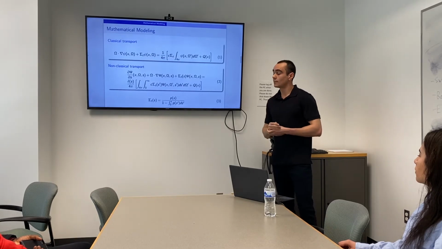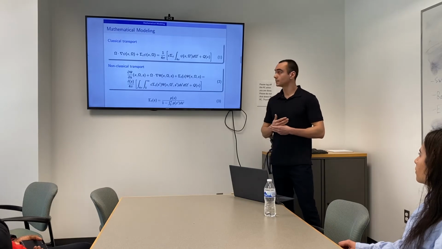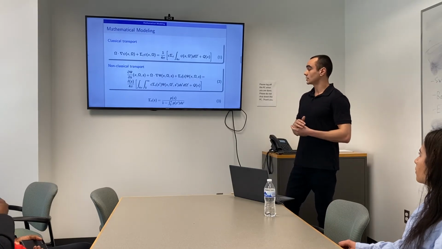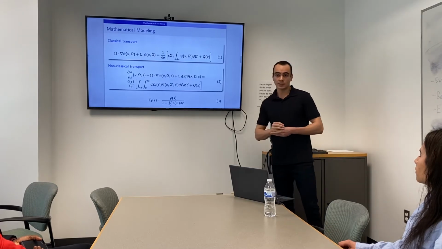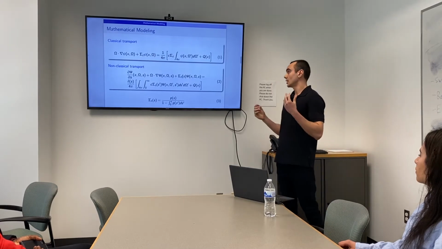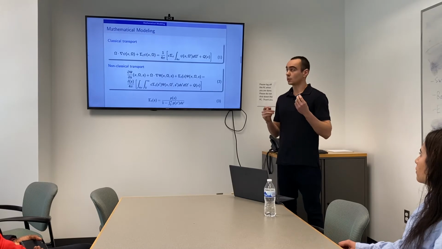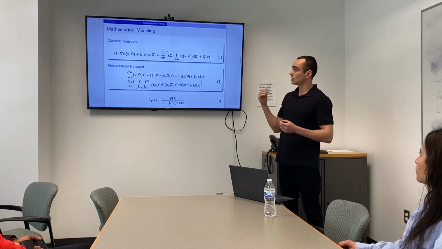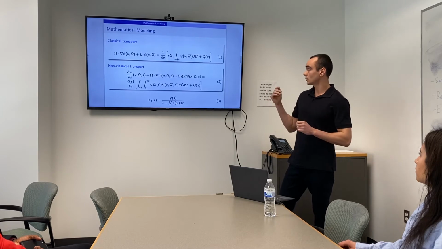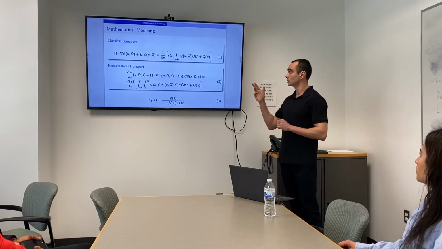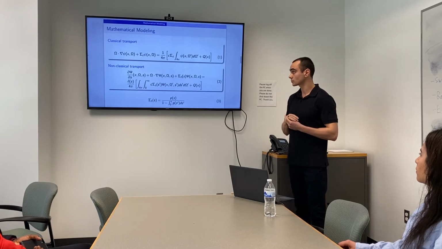Sigma t is the macroscopic total cross-section, c is the scattering ratio, and Q is the internal source. This is a balance equation, where the left-hand side represents loss terms, streaming and collision terms, and the right-hand side represents gain terms, scattering source and internal source.